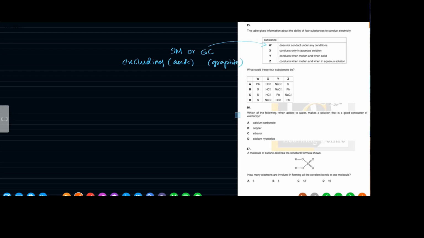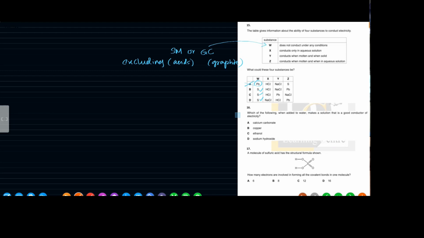So let's have a look at lead, W. Lead is a metal, so directly it's out. And it can be sulfur, a non-metal. It is all right. That's fine, right? Now we'll go for X. It conducts only in aqueous solution. Did we learn something only in aqueous solutions?